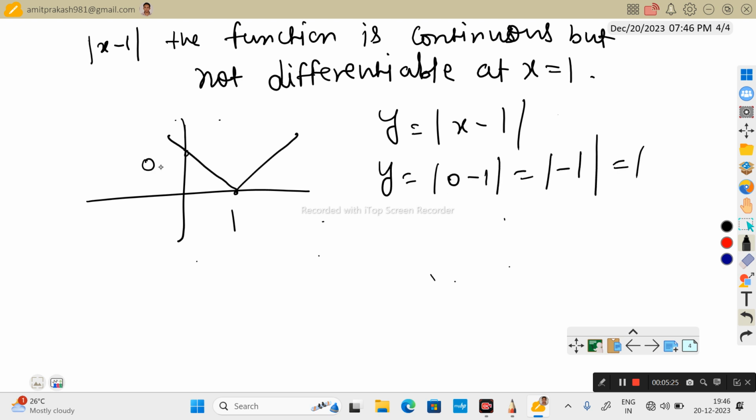So this point is (0, 1), and this is (1, 0).